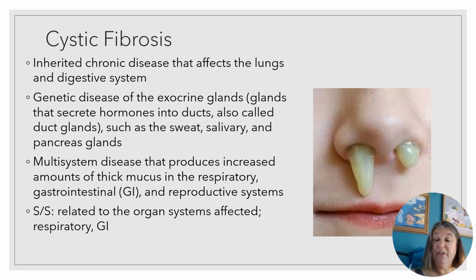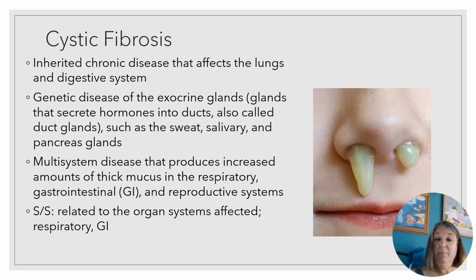And when I say thick mucus, think of that slime a couple years back that kids were making with the cornstarch and all of that. It's just thick, thick, thick mucus. So we've talked about thick mucus in relation to the respiratory system, and of course we think about aspiration and blocking airways and that sort of thing. But the problem with CF is it gets into the GI and reproductive systems.